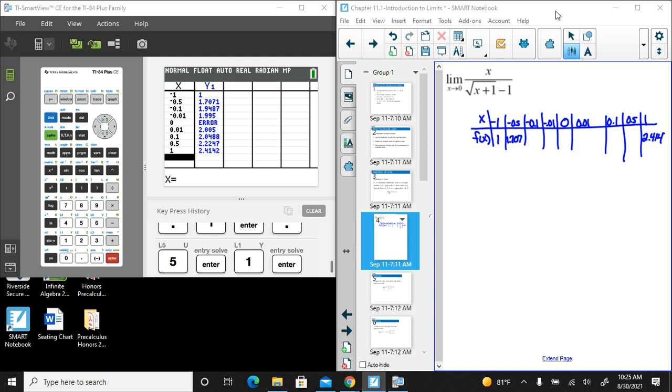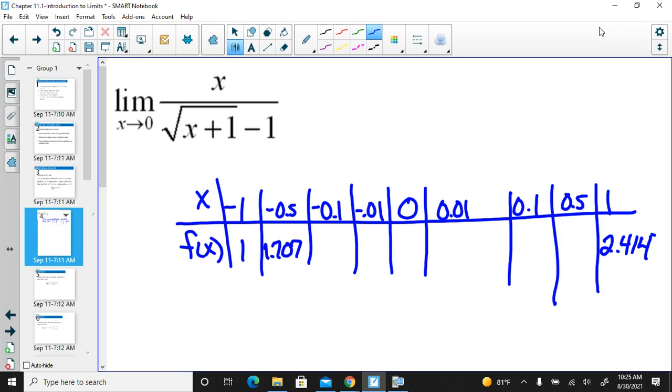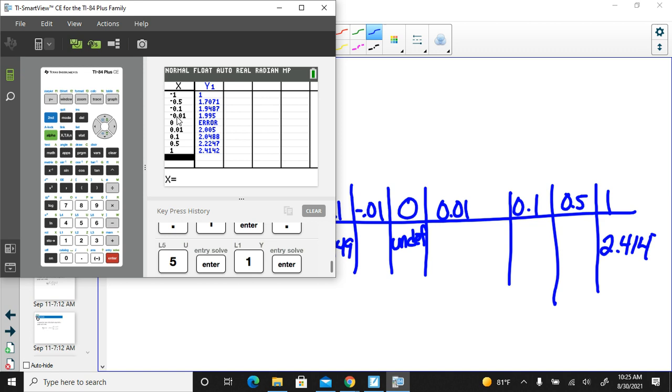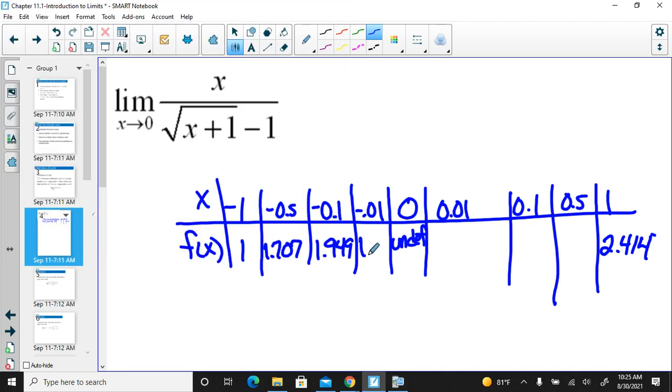That's not going to be big enough. So we've got 1.949. We know that this says error. I'll write undefined because we have 0 in the denominator. At -0.01, 1.995.